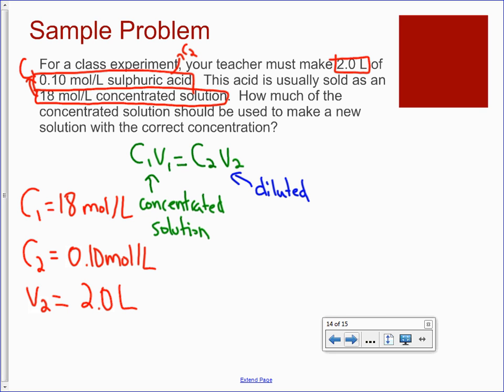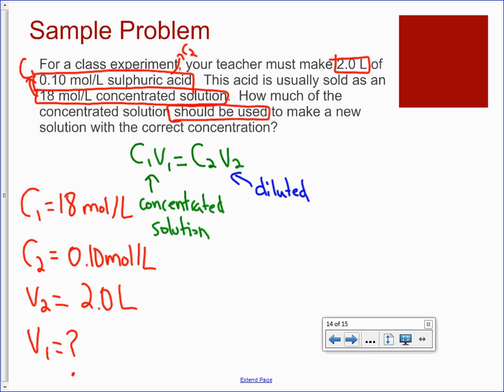We're also asking the question, how much concentrated solution should be used? So what volume of concentrated solution has to be taken? So in this case, our V1 is our unknown and what we are attempting to solve for. So from here, there's two ways we can proceed. We can take our equation and rearrange it to isolate V1, or we can plug in our information and then rearrange and solve.